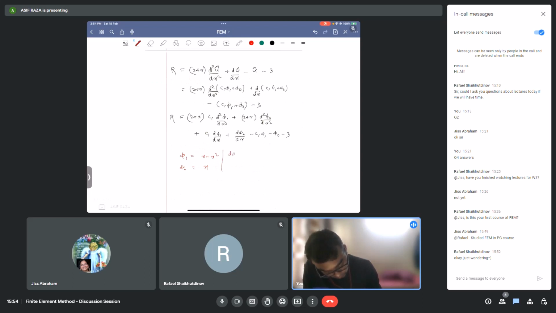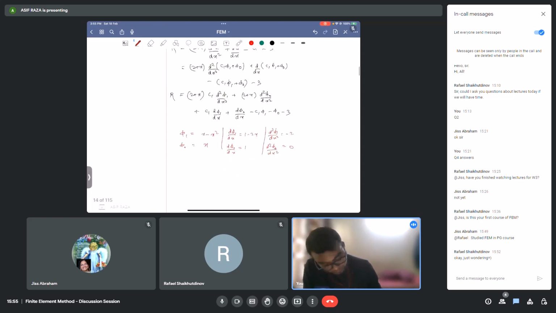So the first derivative of φ1 is 1 minus 2x, the first derivative of φ0 is 1, the second derivative of φ1 is minus 2, and the second derivative of φ0 is 0.